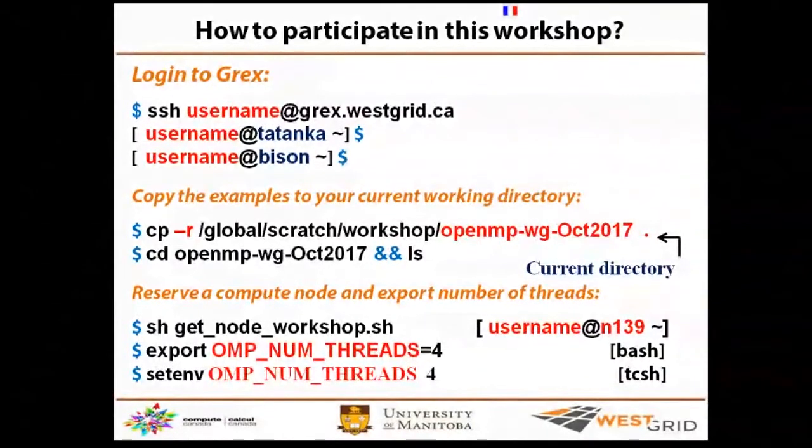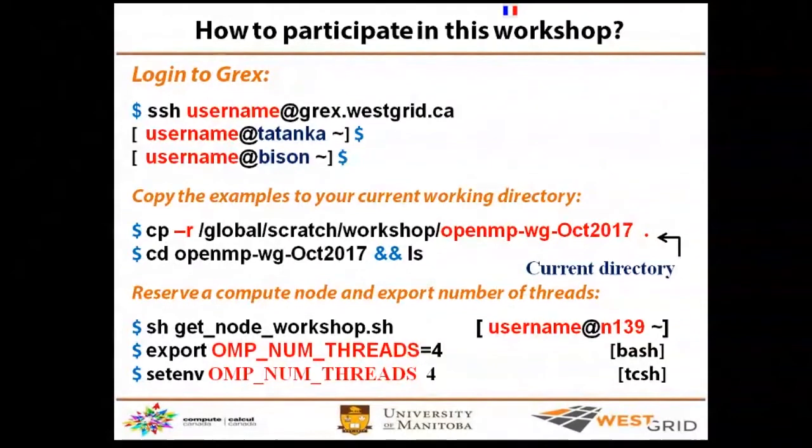So cp -r because we are going to copy a folder, so recursively. The path is /global/scratch/workshop/OpenMP_WestGrid_October_2017. And don't forget the dot at the end of the command because you are going to copy this folder to your home directory.